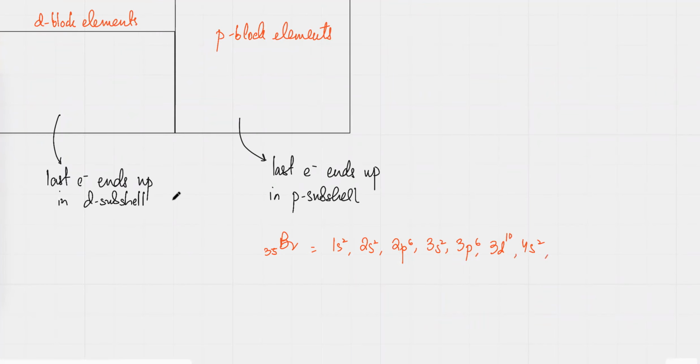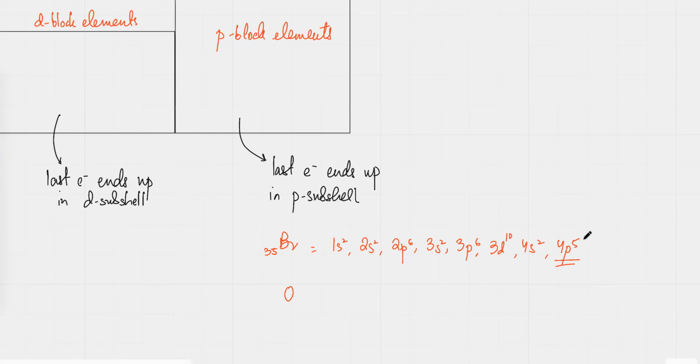I filled the subshells according to the order given in the Aufbau principle, so the last electron ends up in a p subshell.